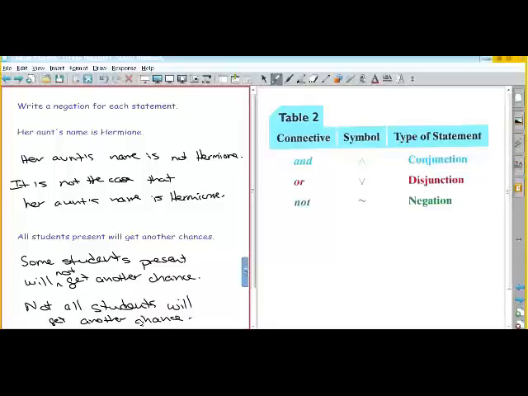Either one of those. Some students present will not get another chance, or not all students will get another chance. Because not all students means it could be none, or it could be one through not everybody.